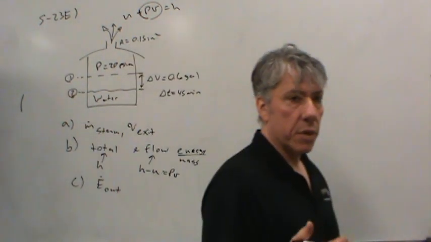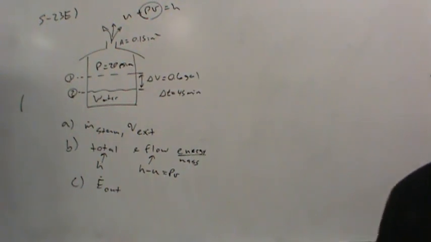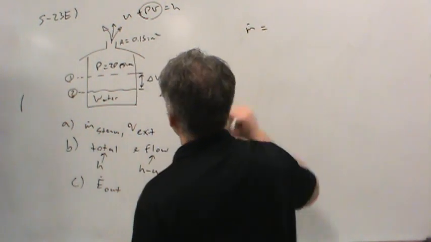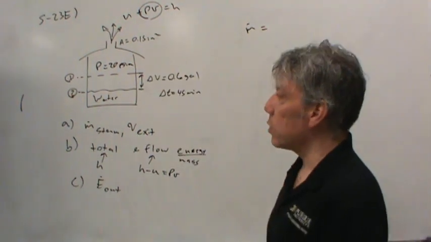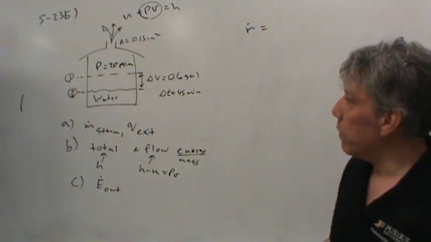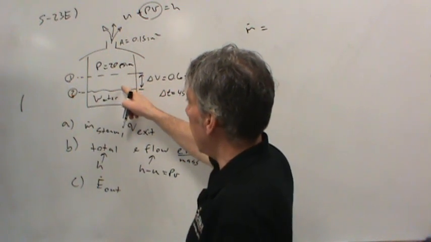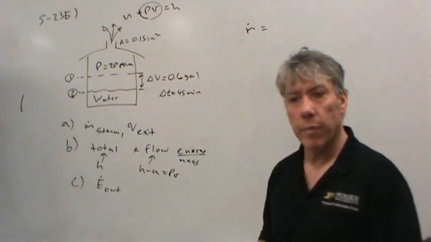Well, usually when they give you several things to find, if you find them in order, it will help. So for example, the mass flow rate, that should be pretty easy because we know how much volume has changed. So we should be able to figure out, based on how much volume has changed, how much mass is left. How do we go about that, though?